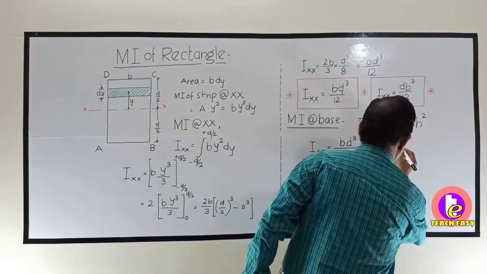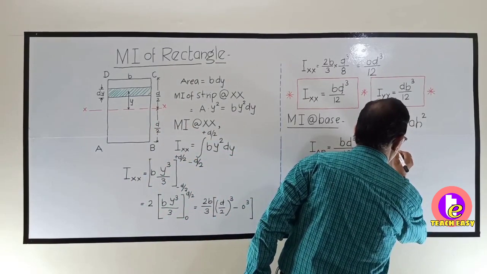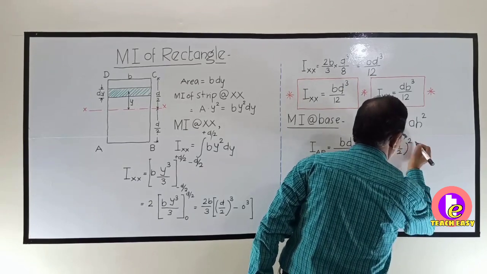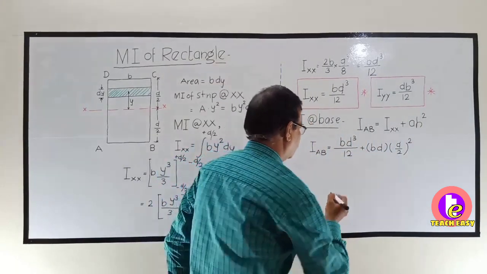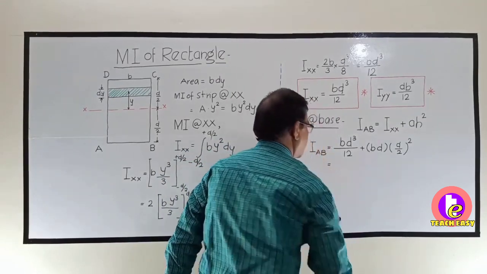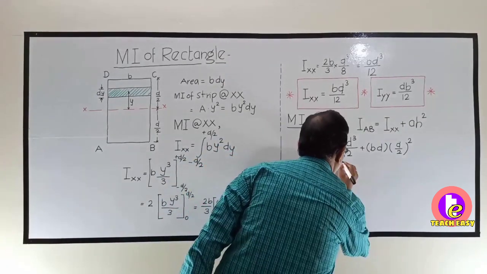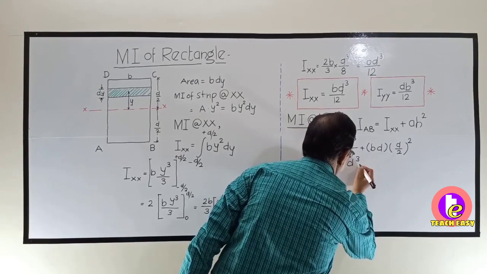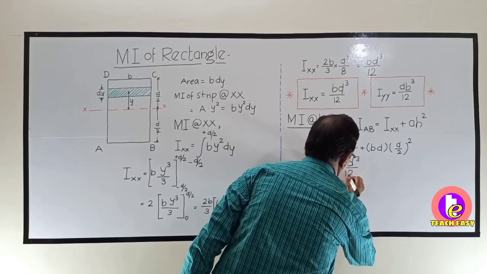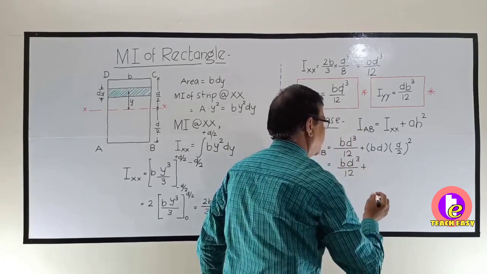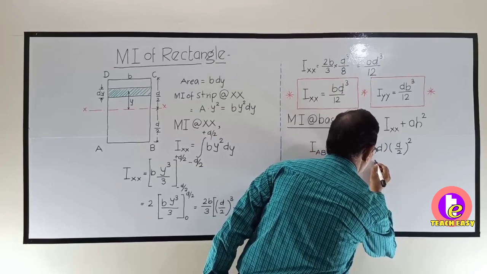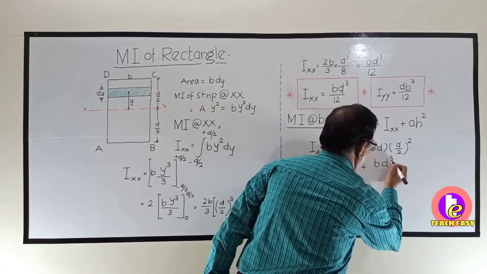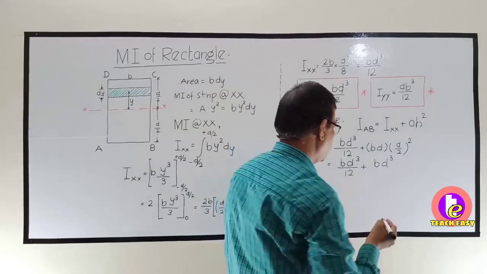So it will be D by 2, and don't forget to make it square. So this will come out as BD cube by 12 plus, this is D square, so this will also be BD cube, square of 2 will be 4.